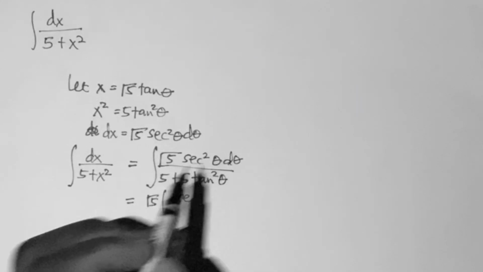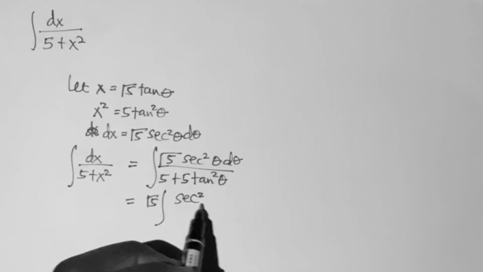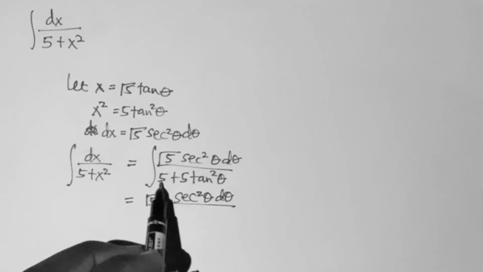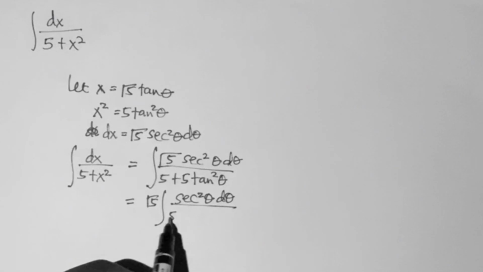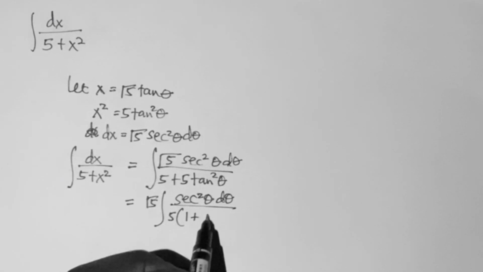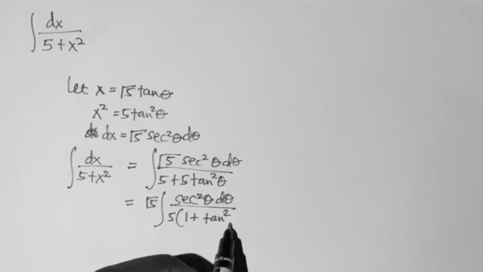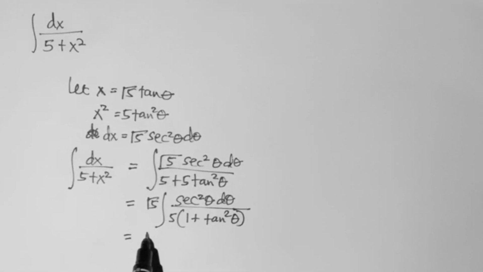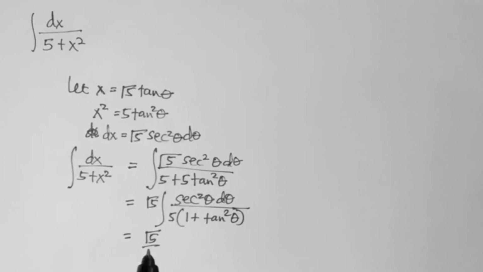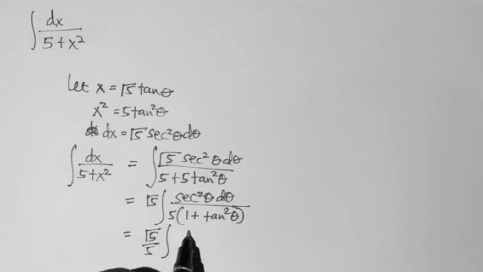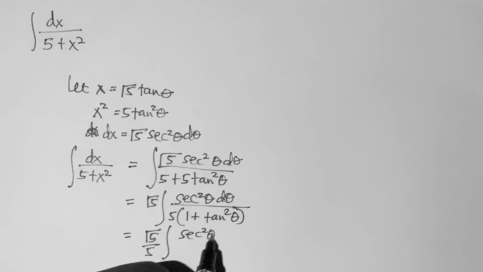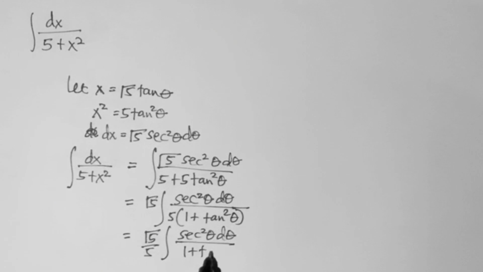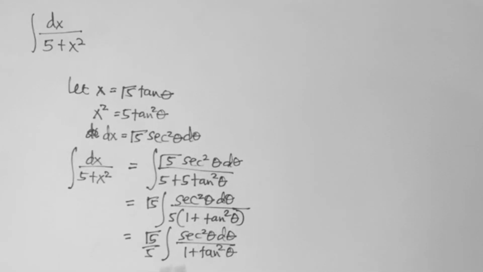And divided by, I'm pulling out 5 here, so 5 times 1 plus tan squared theta. So this is equal to square root of 5 divided by 5 integral of sec squared theta d theta, then divided by 1 plus tan squared theta.